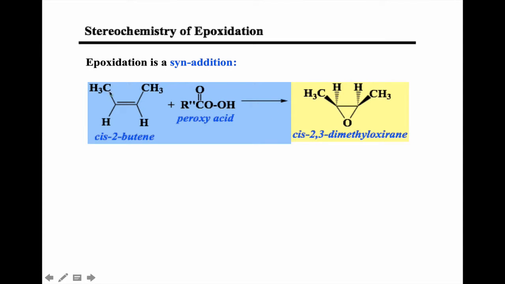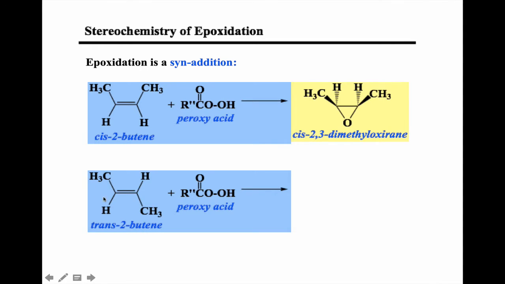But the important thing to note is that the methyl groups in the epoxide are cis to one another, and also notice here in the product they are cis to one another, which suggests that this reaction actually occurs in a concerted fashion, where the oxygen being bound to the two carbons is all happening at the same time.